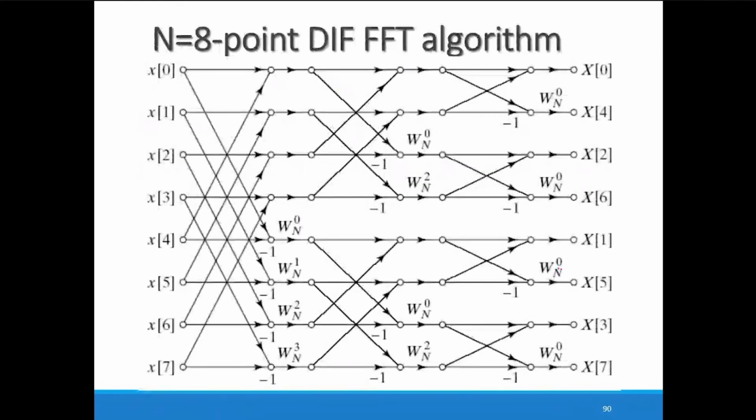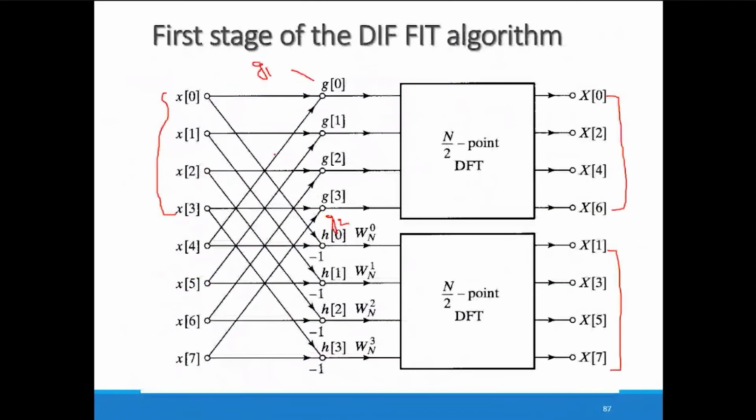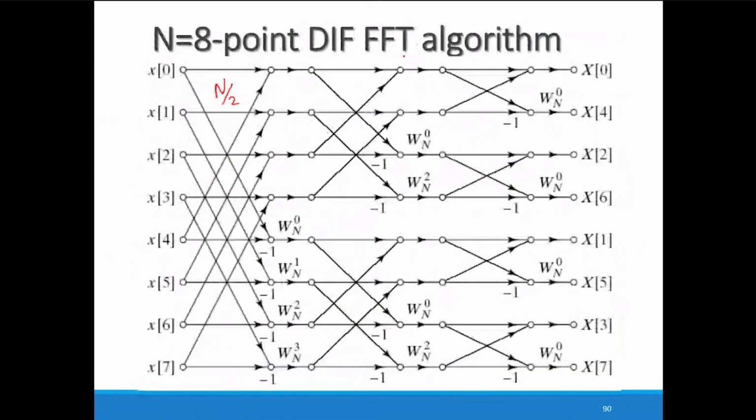Okay, so this is the n-point DIF FFT algorithm diagram. First we are doing the n by 2 point DFT. This is the first stage, so the n by 2 stage is applied here.